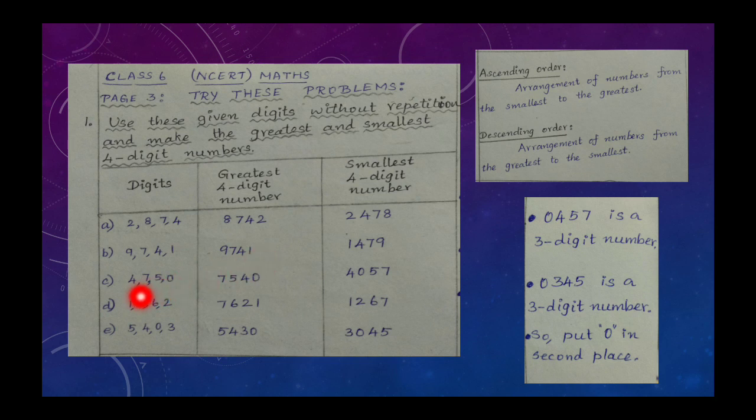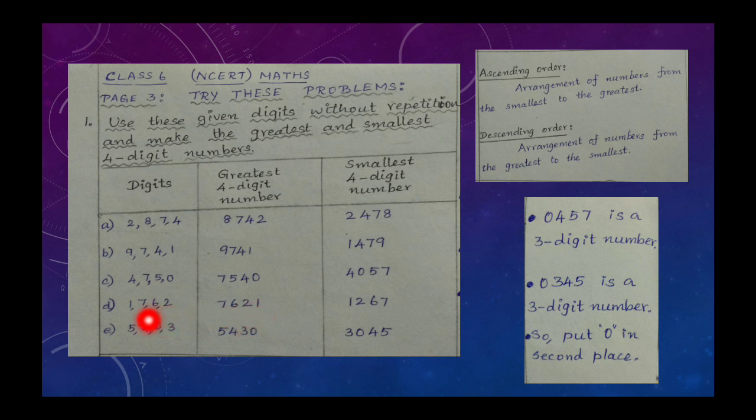For 4750, largest or greatest 4-digit number is 7, 5, 4, 0. See, the digits are arranged in descending order. Next 1, 7, 6, 2. Greatest number is, largest digit is 7, next largest 6, next largest 2, next largest is 1.